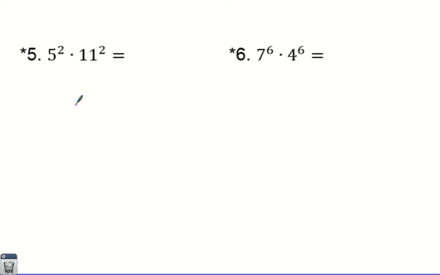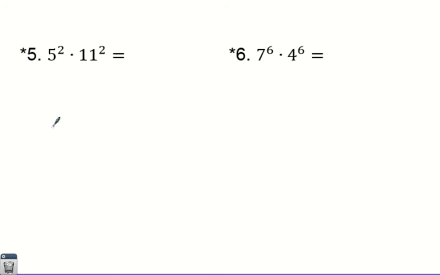To elaborate a little bit more, if you expand this the long way, like 5 times 11 times 11, the 11s don't mix with the 5s to make a larger power.